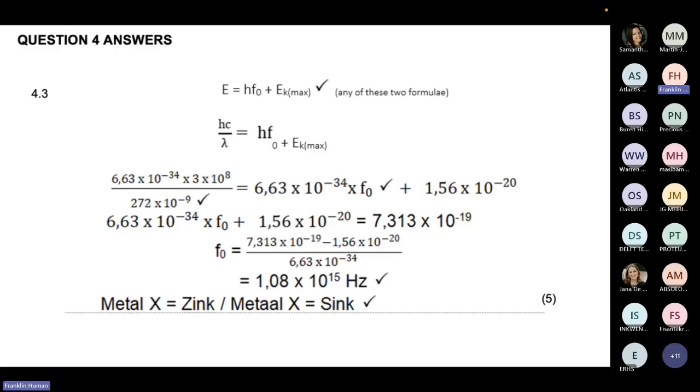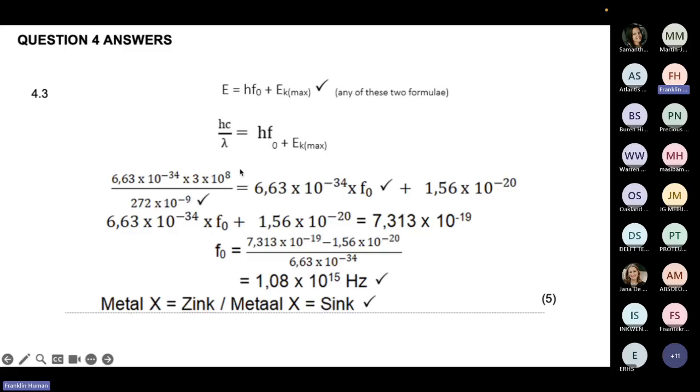If I now do my substitution, I can calculate that threshold frequency because the kinetic energy of the electron was given. If I make threshold frequency the subject of my equation, I get 1,08 times 10 to the power of 15 hertz. If I go to my table, I will see that this threshold frequency is equal to the threshold frequency of zinc.